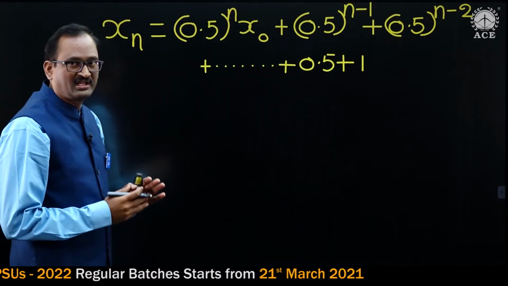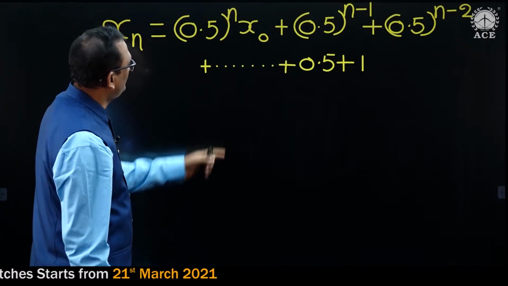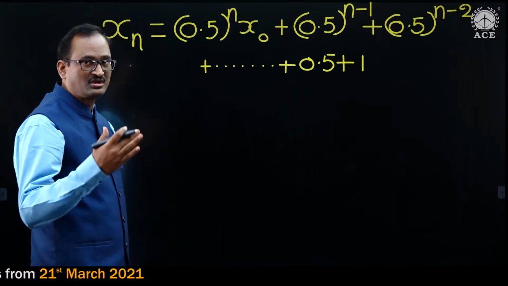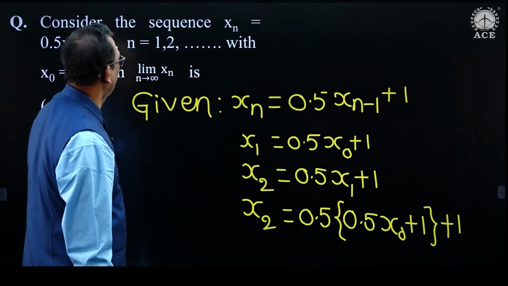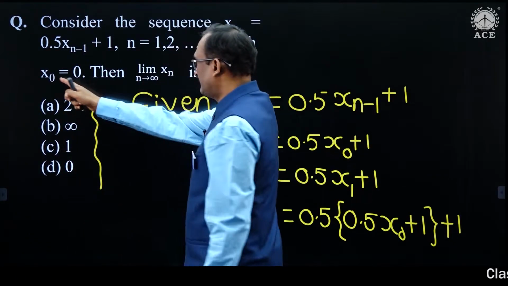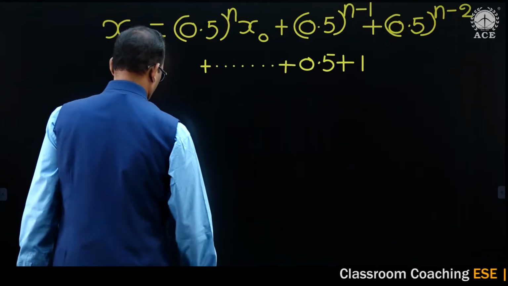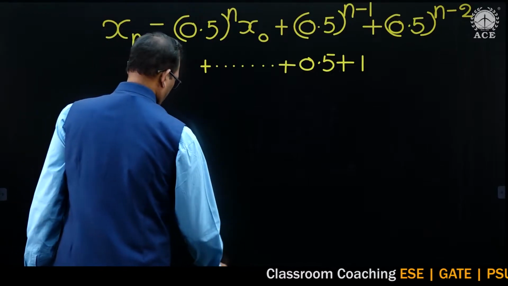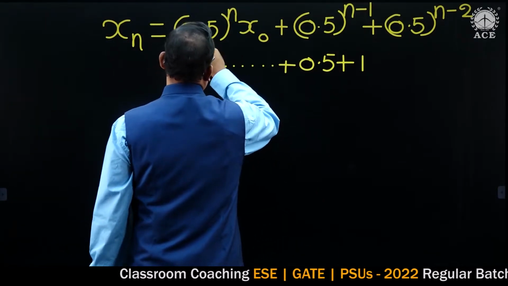Now let us take limit n tends to infinity on both sides. Before that, the x naught value was already given to be 0, so this part is 0.